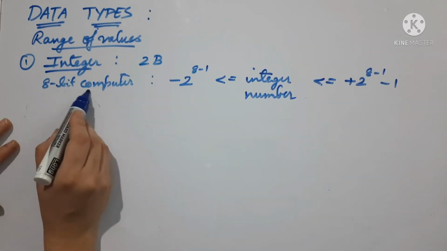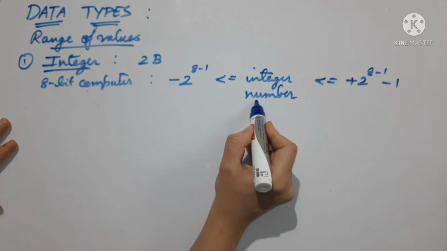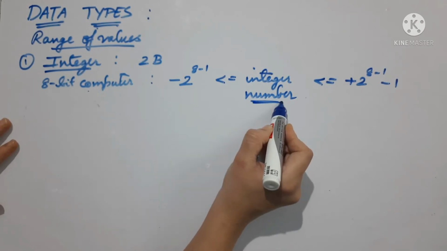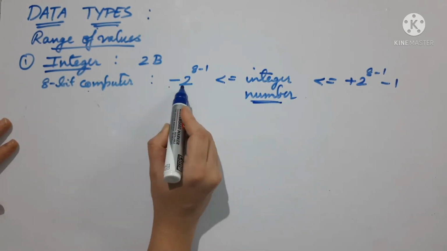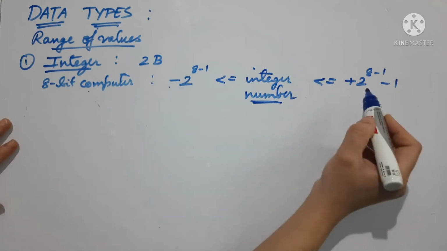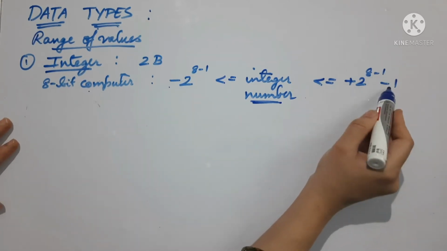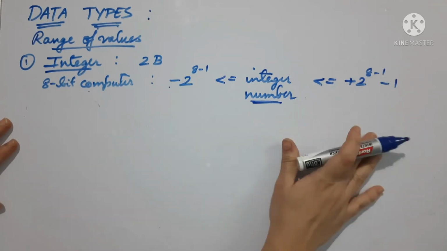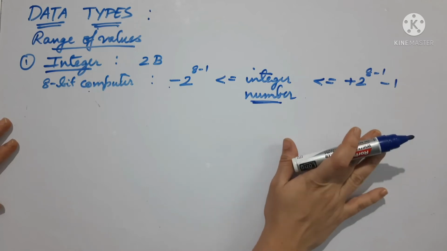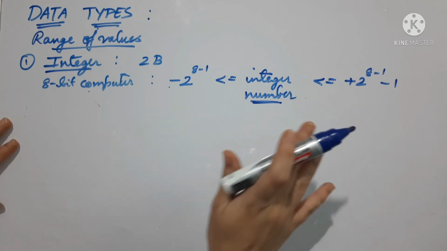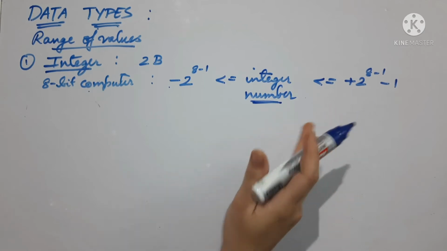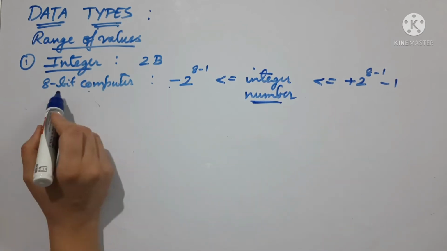So for an 8-bit computer, the integer number value ranges between -2 to the power of 8 minus 1, up to +2 to the power of 8 minus 1, minus 1. Now let me explain this line to you. You must have seen the range in your textbooks also. So today we will understand in the simplest way what these values are.